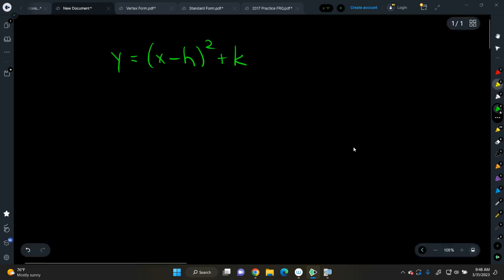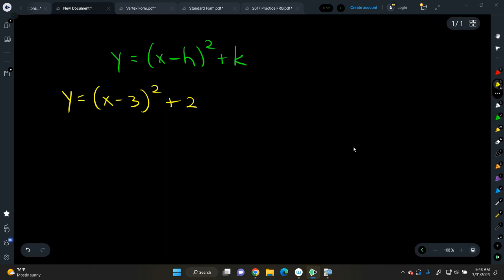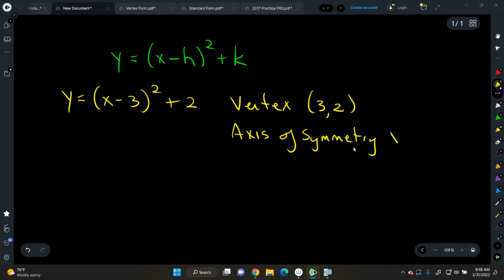So if I have y equals x minus 3 squared plus 2, just by looking at the equation, I know my vertex and I know the axis of symmetry. That's the advantage of the vertex form.